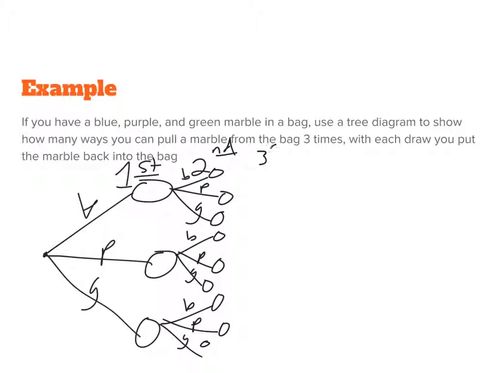And now for the third draw, there's again 3 that come out of each one. Obviously, more room is better. Then for each one, there's blue, purple, and green, and that's going to go for all of them.